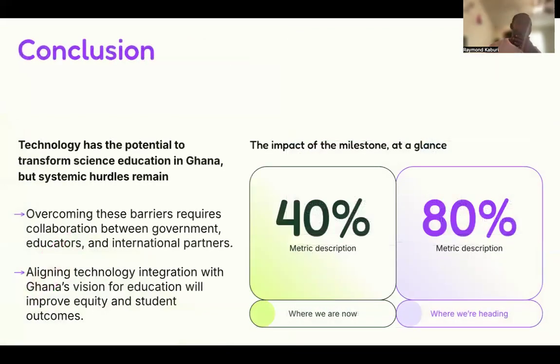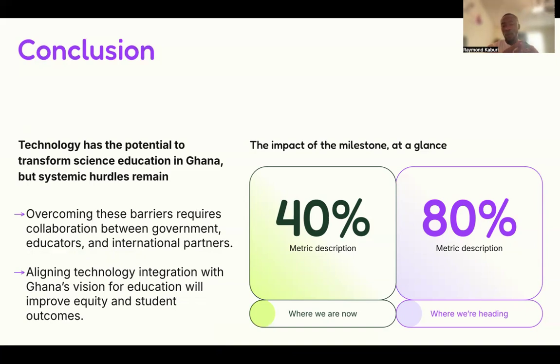In conclusion, I would like to say that technology has the potential to transform science teacher education in Ghana, but systemic hurdles remain. Overcoming these barriers requires collaboration between government and educators as well as international partners. We should also try to align technology integration with Ghana's vision of education that will improve equity and student outcomes.